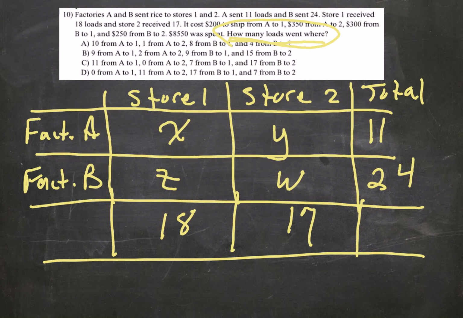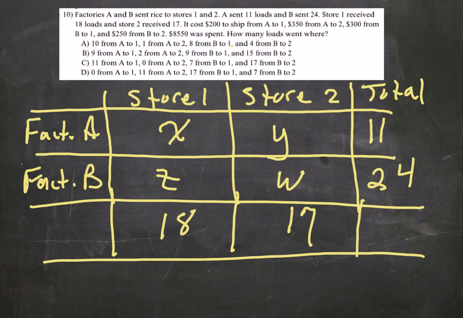And we have just a little bit more information. We know the cost. It costs $200 to ship from A to 1. Now remember, from A to 1 is my X variable, so it's $200 times whatever that is.